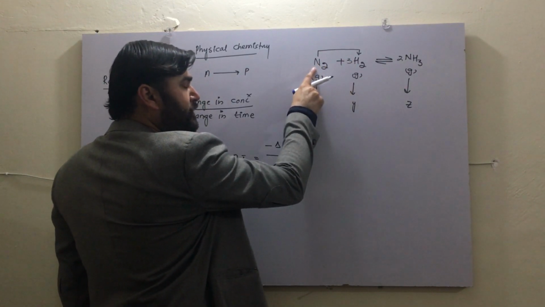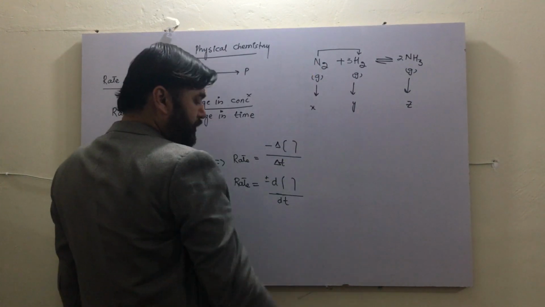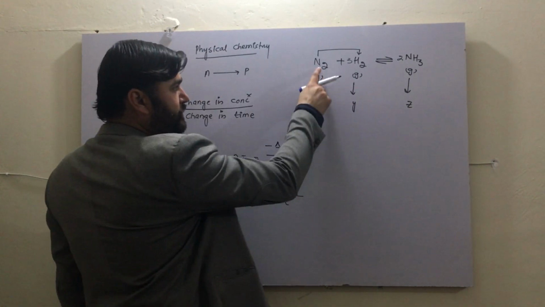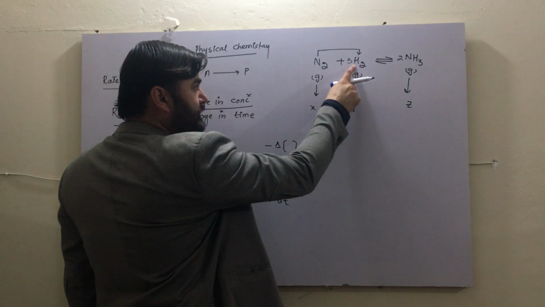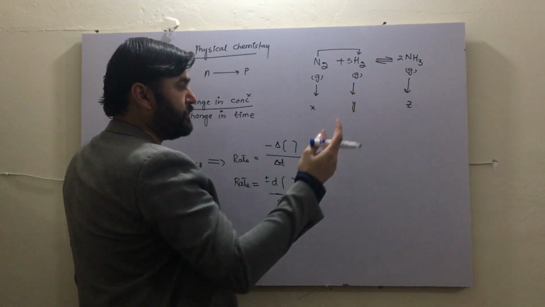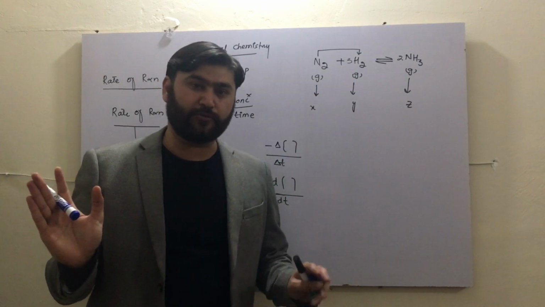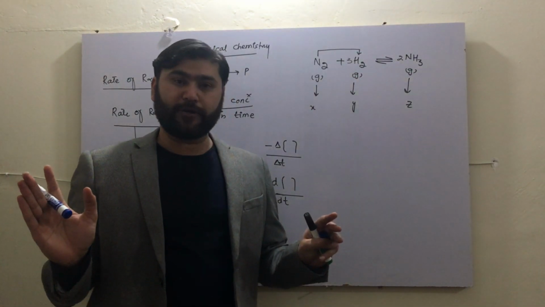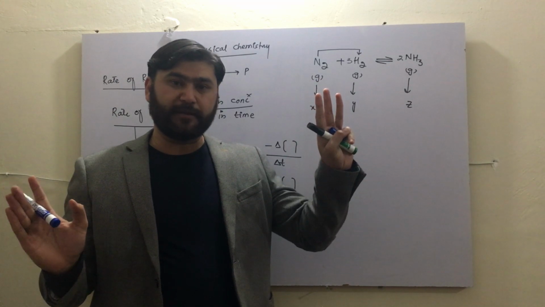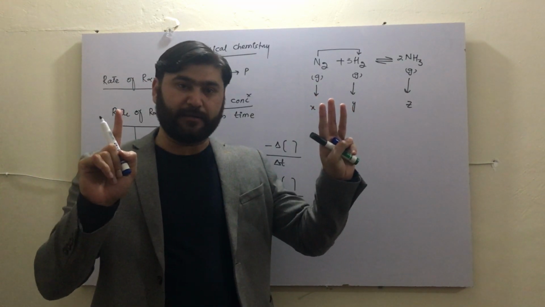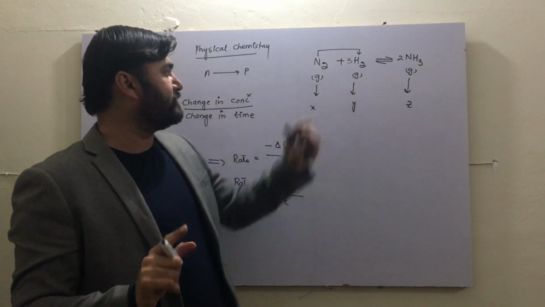It means at the same time when nitrogen disappears, hydrogen disappears 3 times. Here 3 molecules of hydrogen will disappear, and 1 molecule of nitrogen will disappear. So the ratio is 1 to 3.